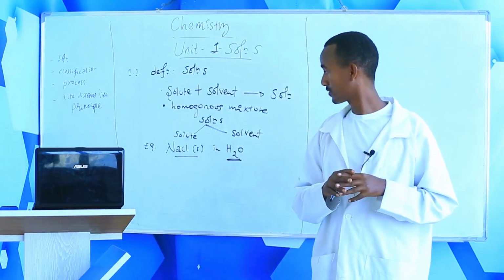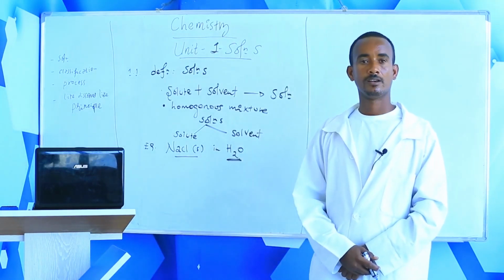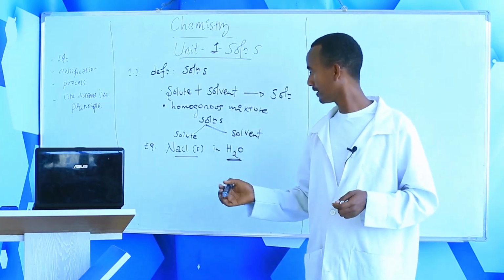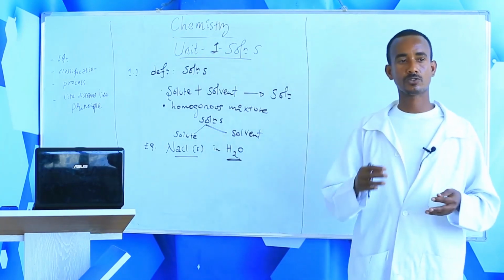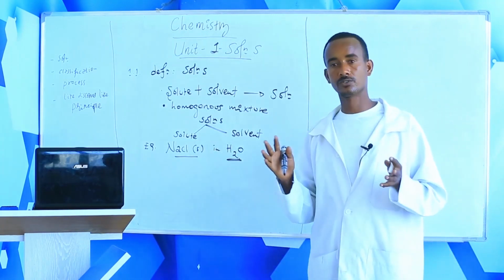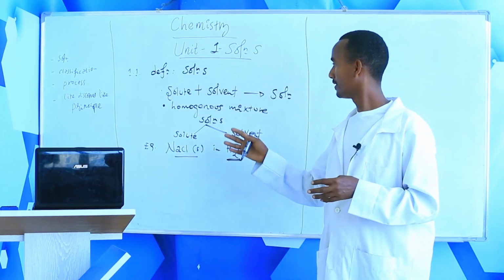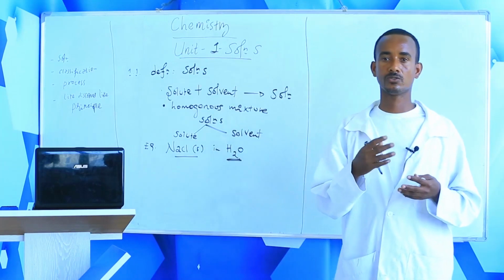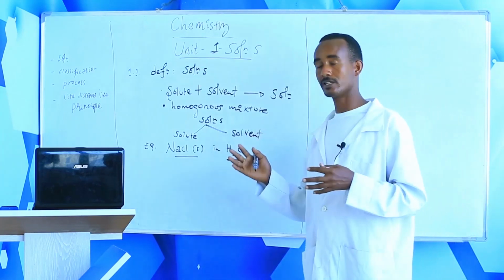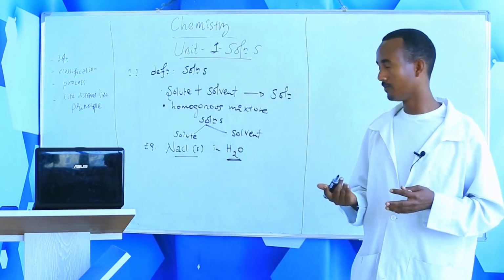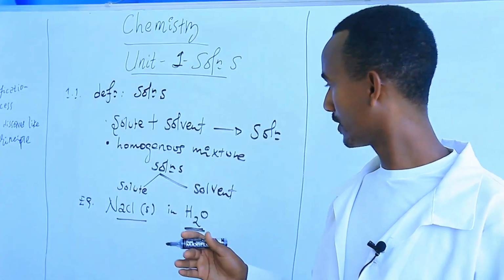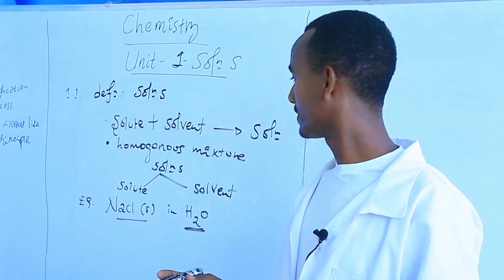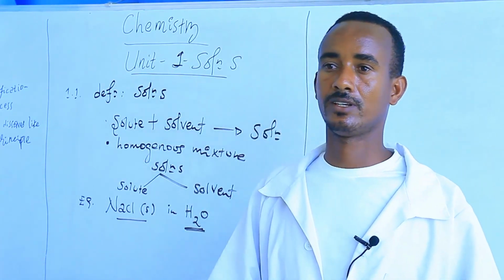Okay, a solution. But it's not always easy to identify or differentiate a solid and a solvent in a given solution using the definition that a solid is a substance that gets dissolved and the solvent is a substance that does the dissolving. That's not always easy to know or to classify the components using this definition.